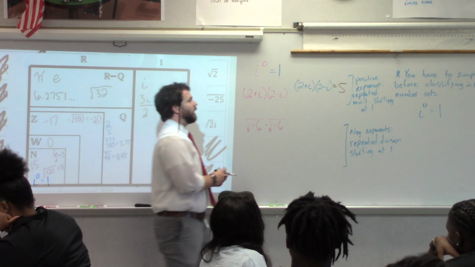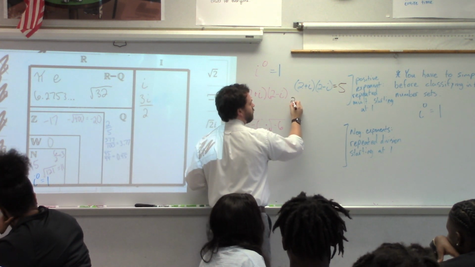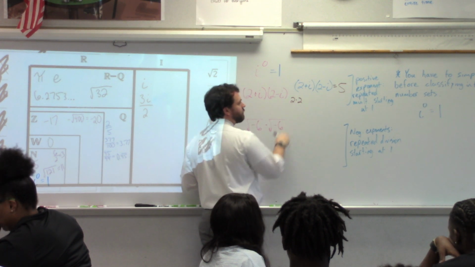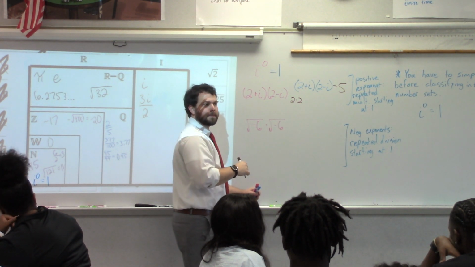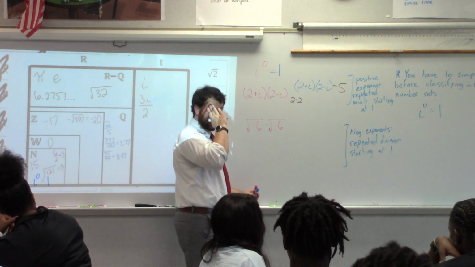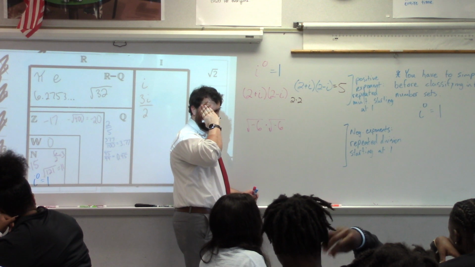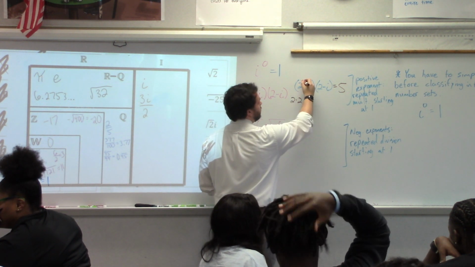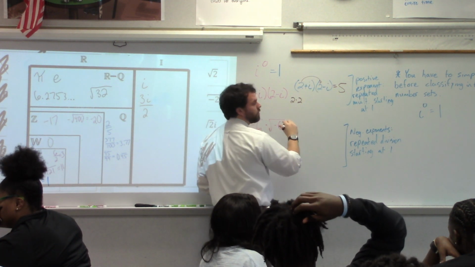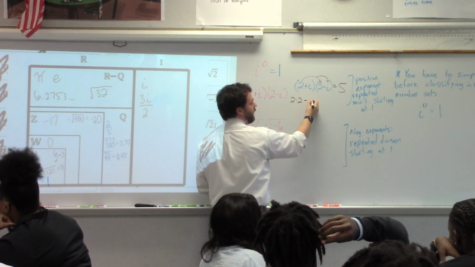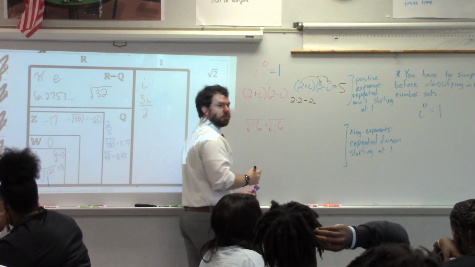Oh, how'd you get 2 times 2? So 2 times 2, anything else? So I can't just take out the i, but 2 times 2 is 4. 2 times, so negative 2i or minus 2i.